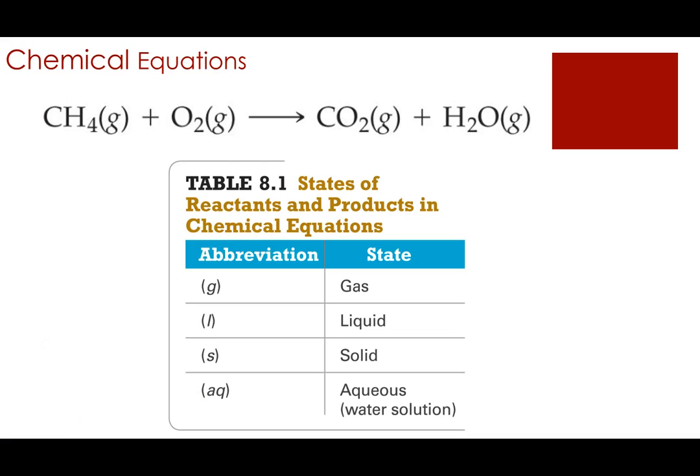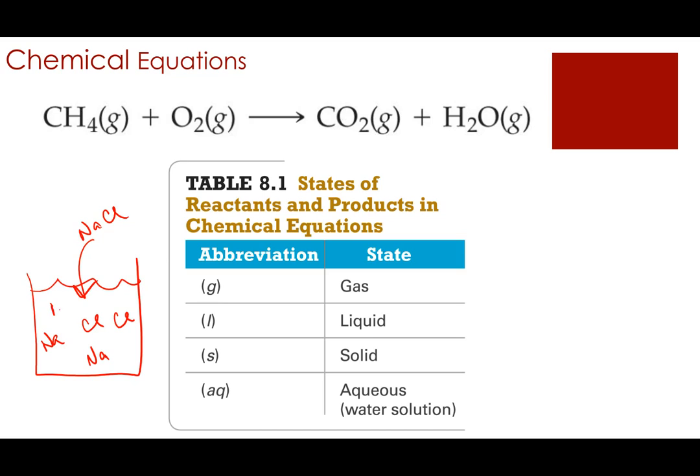So let me just draw this out real quick since it's on the screen. So let's say I have a beaker of water here, and I take sodium chloride, and I drop it in this beaker of water. And then we've got sodium and chlorine that dissolves in this water, okay?